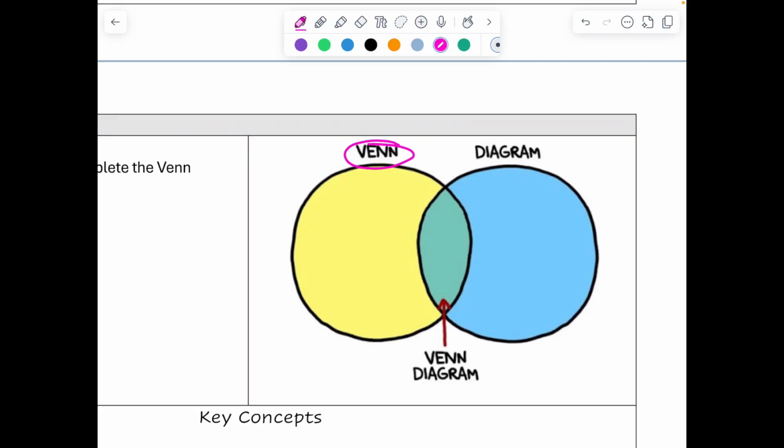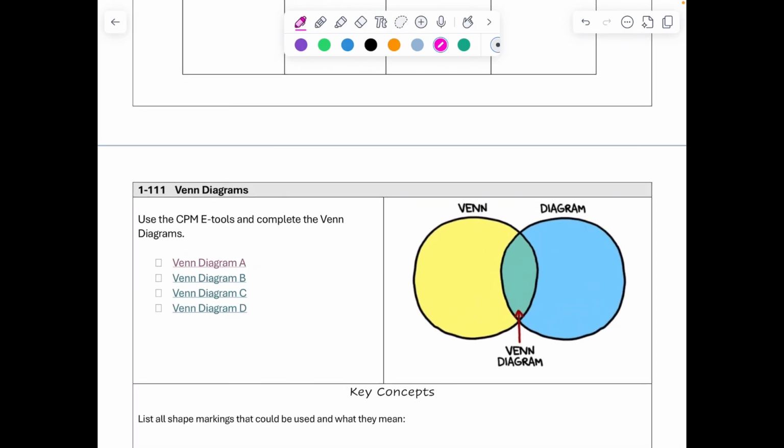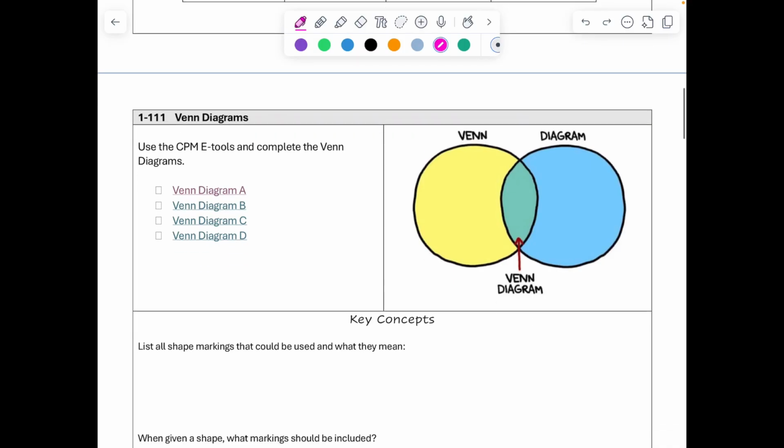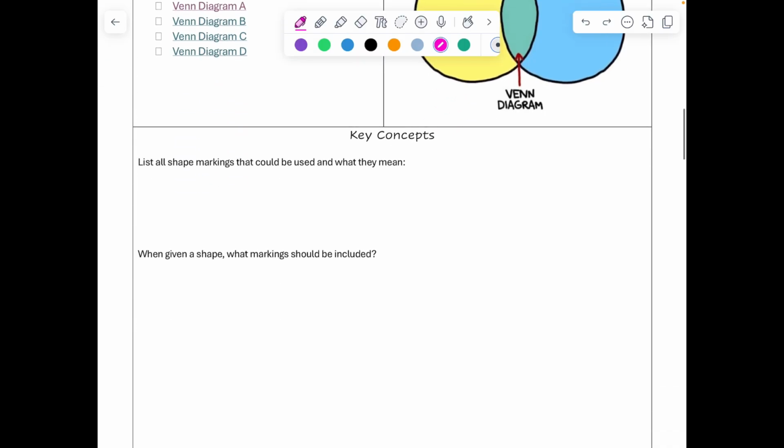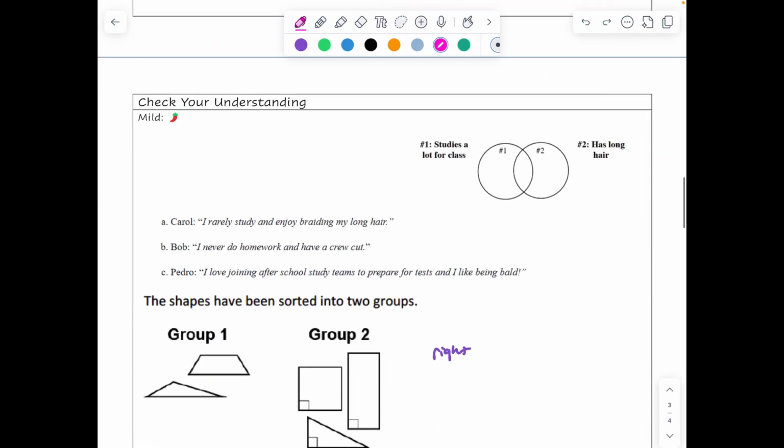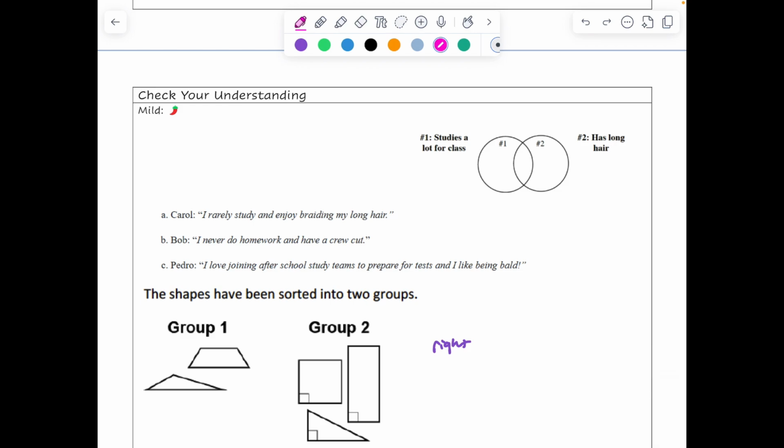If the yellow circle is about Venn and the green circle is about diagram, then in between is what they share, Venn diagram, both of them. So CPM eTools, that will be an activity that you do in class. Key concepts, again, filling those out on your own, but let's move on to check your understanding.